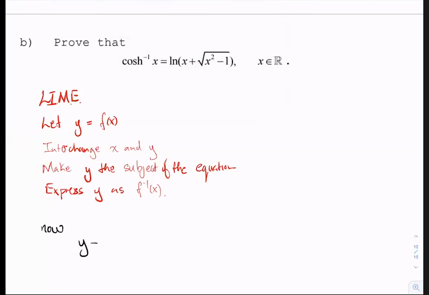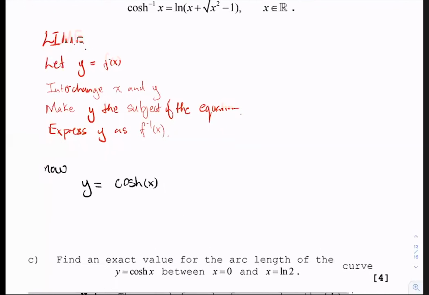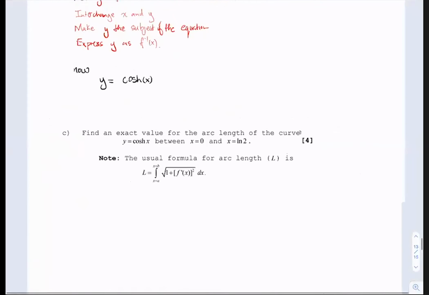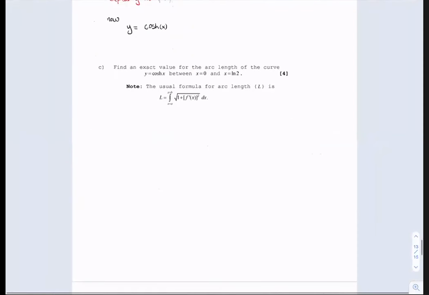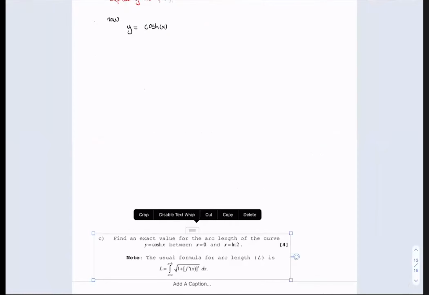The question says y is equal to cosh of x.